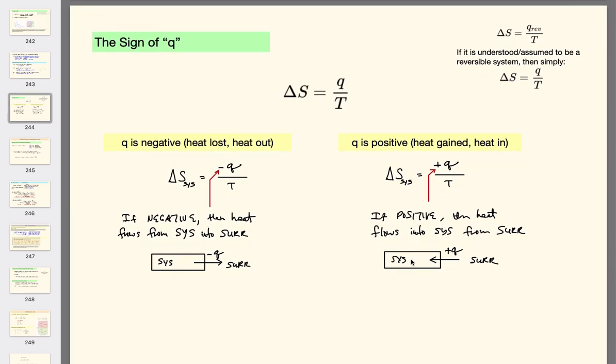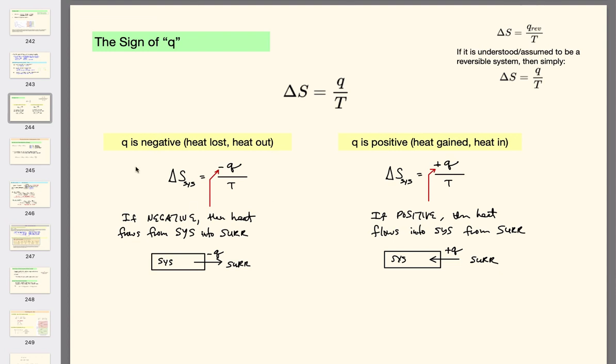The sign of Q. So now we've talked about the sign of Q, heat. Okay, so this is kind of weird. Delta H is related to Q, and so is delta S. So they can both be talked about in terms of Q, in terms of heat. Remember, we have systems, surroundings, universe.